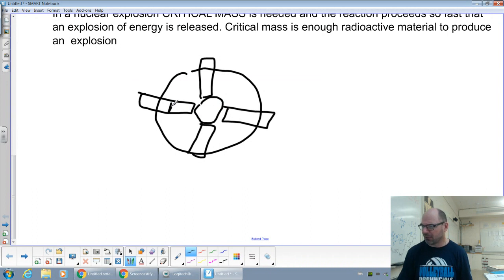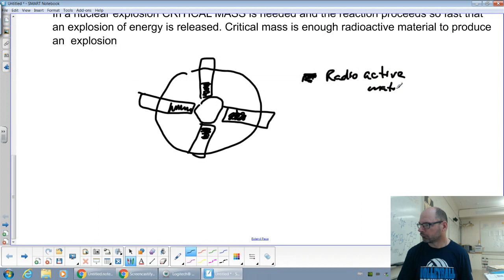So they had radioactive material here, here, here, and here. Which was enough for critical mass.